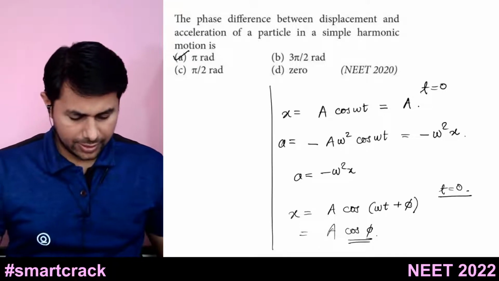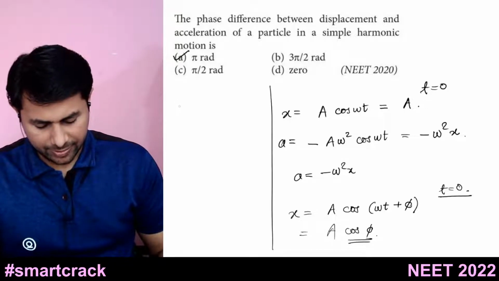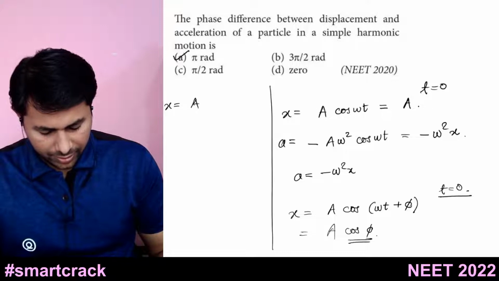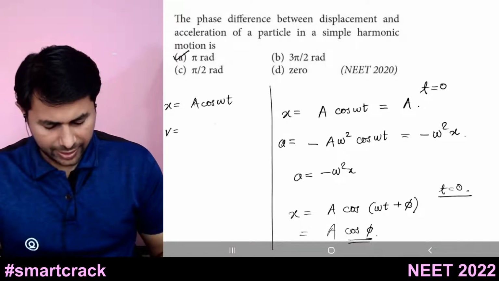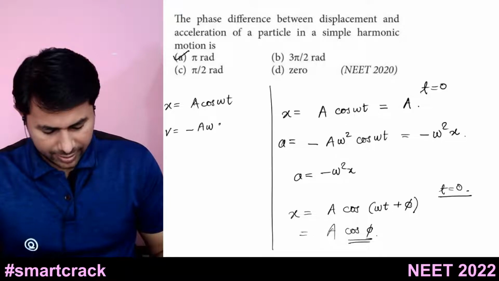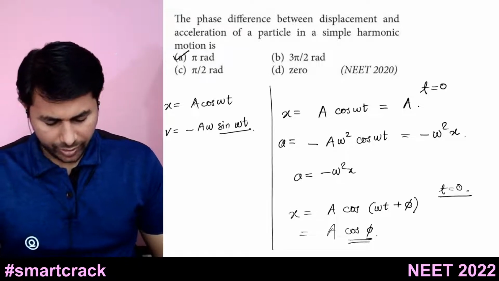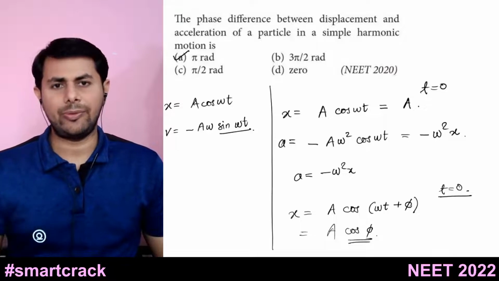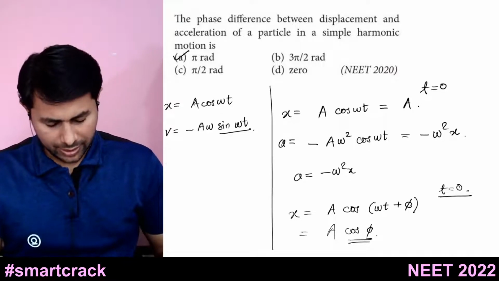And now here we can memorize a few things. So phase difference between, see, x is equal to a into cos of omega t, then v equals, we get minus a omega into sine of omega t. Okay, so you go from cos to sine. How much is the phase difference? Phase difference will be pi by 2. And then again you go from sine to cos, because a is equal to what?